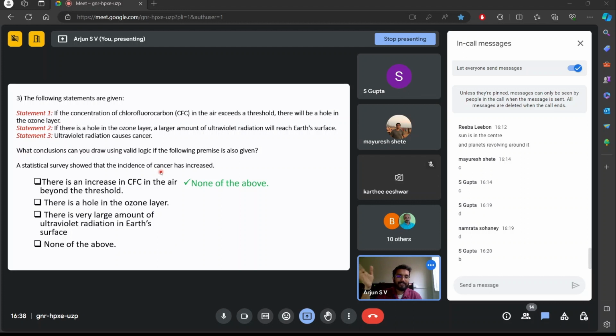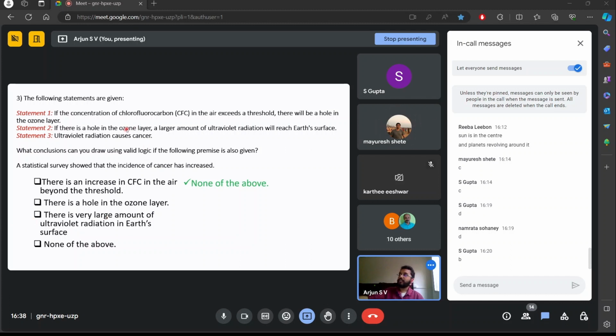It need not necessarily be caused by UV radiation. UV causing cancer is a thing, but cancer being caused only by UV is not, according to logic. Therefore, there is a very large amount of ultraviolet radiation on the surface won't be a logical answer for this one. So you'll be negating this option.